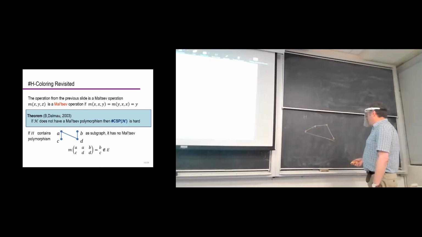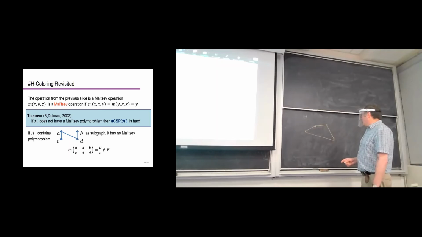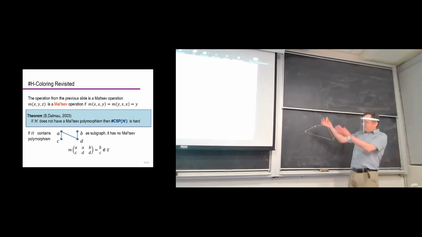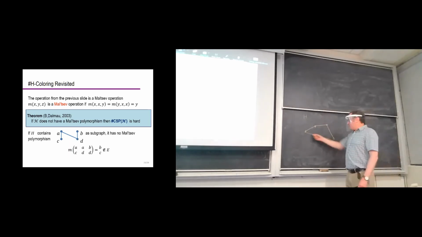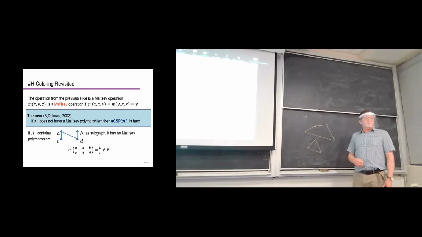So what does it mean? This means that 1, 2, 3, 4 somehow. If I start with an odd cycle in the non-bipartite graph, by applying this simple argument, I know that there is a triangle in the graph. If I have a 5-cycle, I can cut it a little bit and get a triangle.